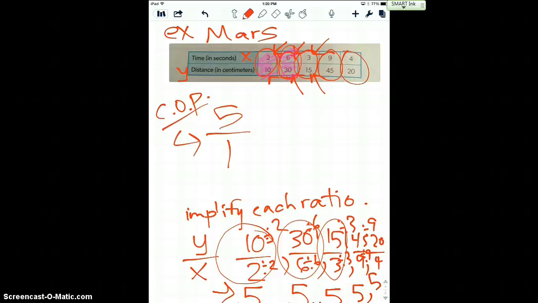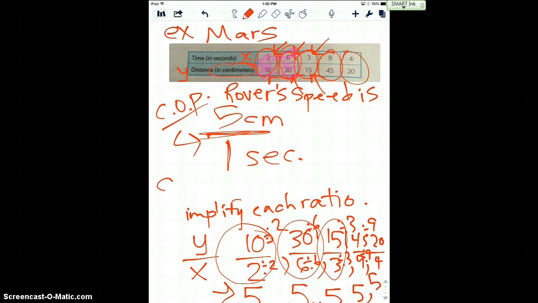Now if I interpret that, what does that mean? Well, it means the rover's speed is what? 5, what's my unit? 5 centimeters per 1 second.